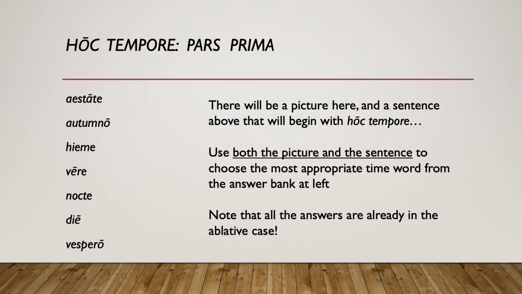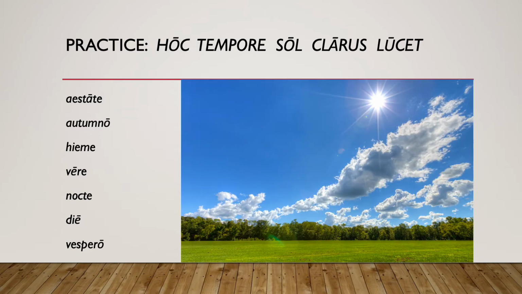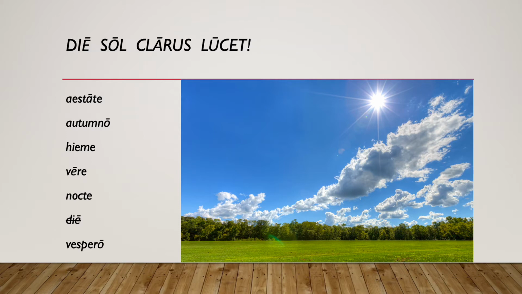So that's sort of what we're going for. We're going to practice with one together. Here we go. Hoc tempora sol clarus lucet. Okay, so this phrase means at this time the clear sun shines. So what time do we want? What's the right answer here? Is the answer at night? I don't think so. Take a minute and think about what word you'd choose and slot it in. Did you choose die?